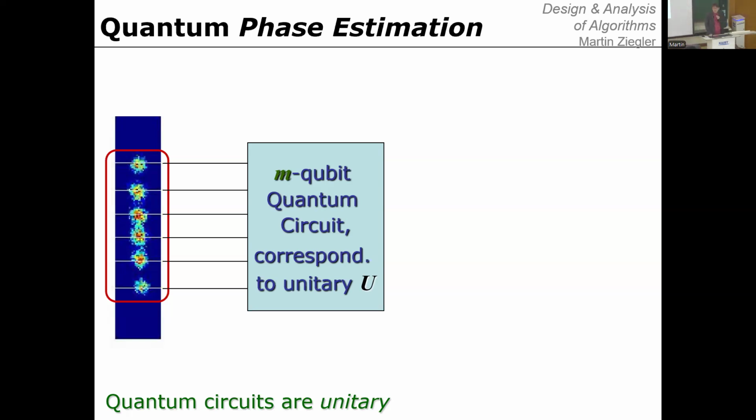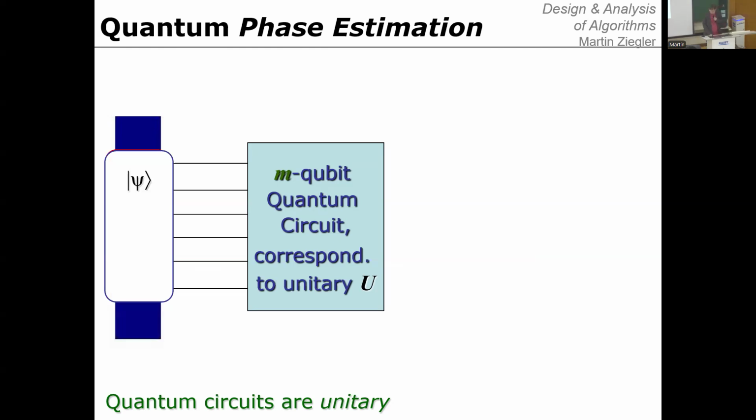Now, we haven't really talked about how to input quantum circuits, and that's why I call this a meta problem, and I will return to that at the end when we talk about the particular U that is used in Shor's algorithm.